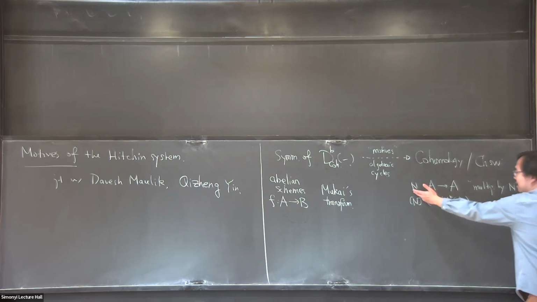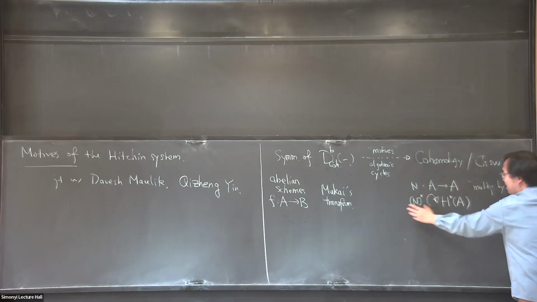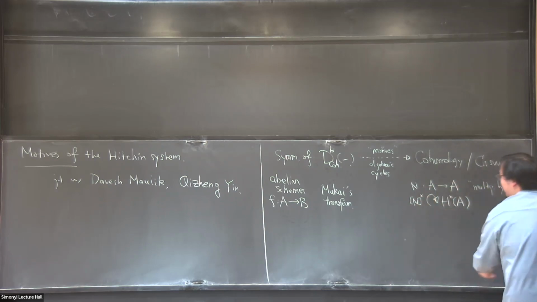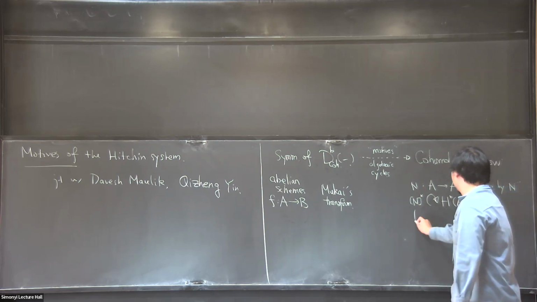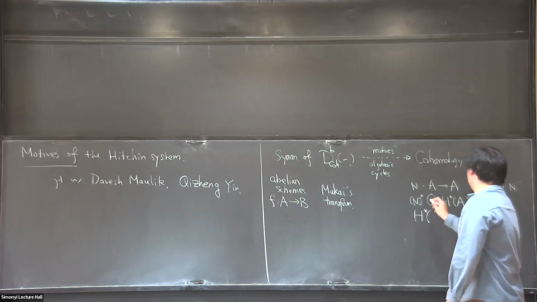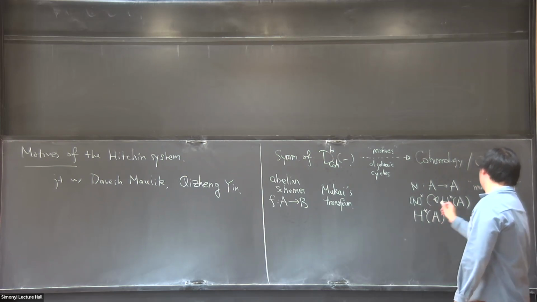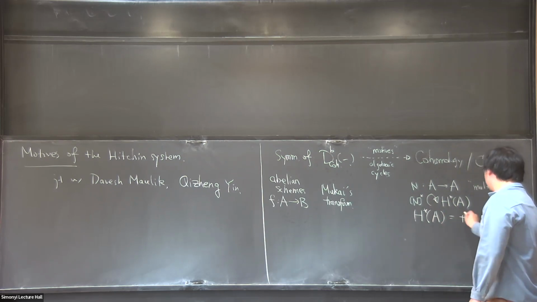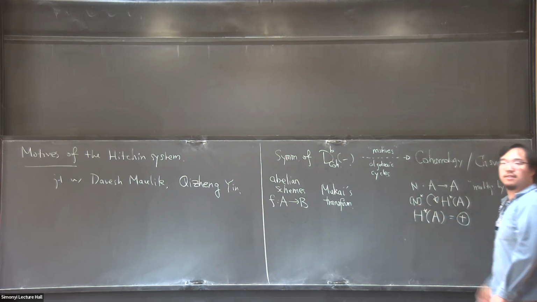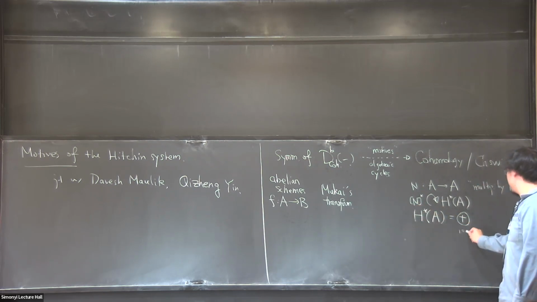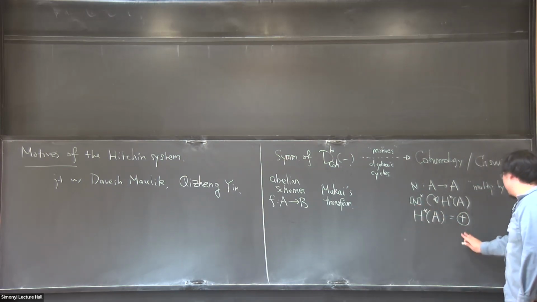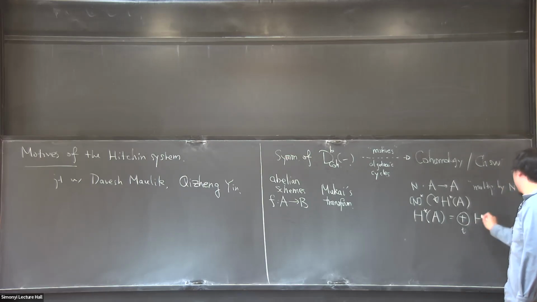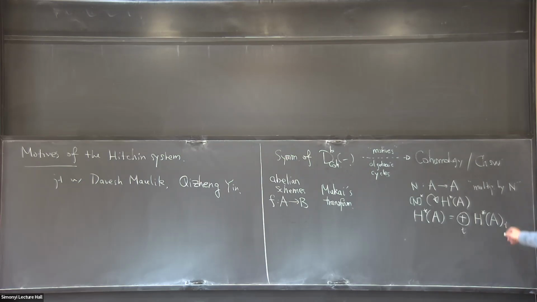So you have a linear operator on a finite dimensional vector space, so that you can decompose the entire cohomology into eigenspaces with respect to this operator, where the i-th piece is the i-th eigenspace.